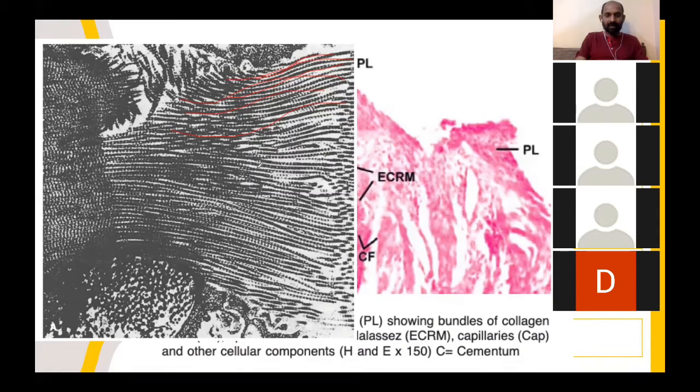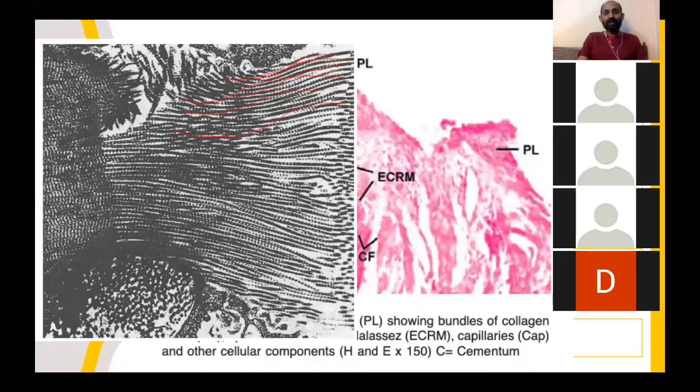These striations are characteristic of collagen, and where and how frequently they occur decide what type of collagen it is. Usually striations occur at an interval of 64 nanometers. That is why, everywhere you read about collagen, they say it is collagen because of the characteristic striations at an interval of 64 nanometers.